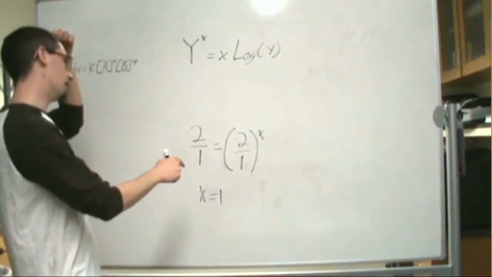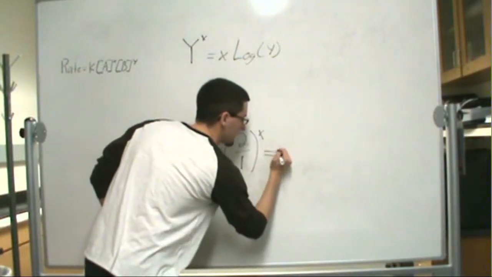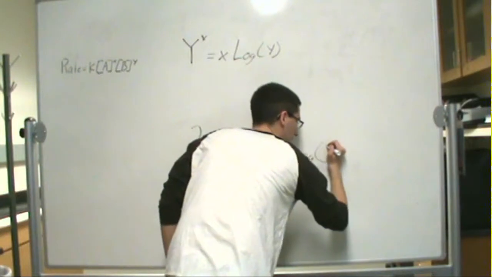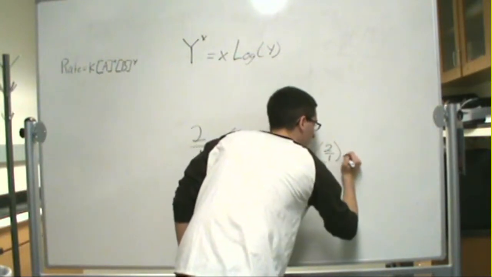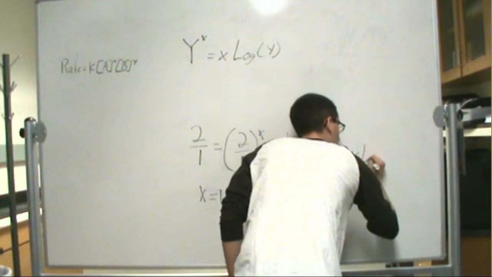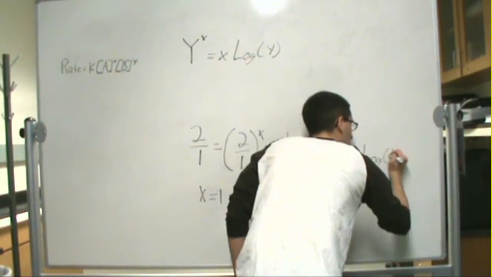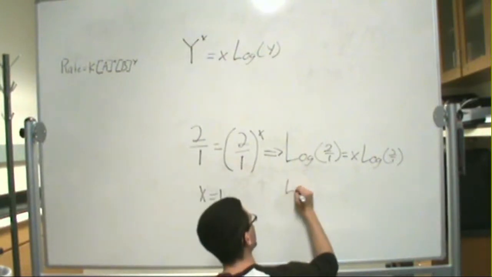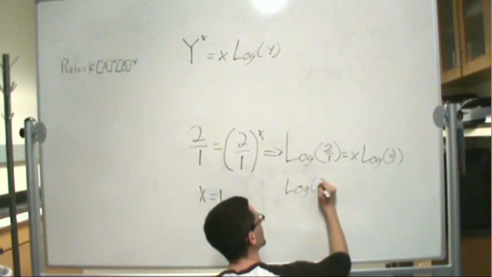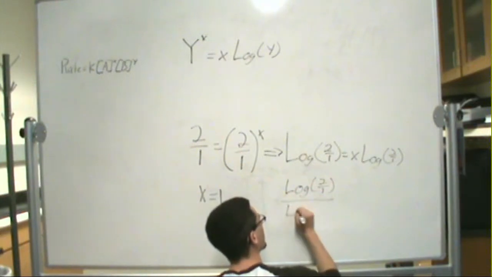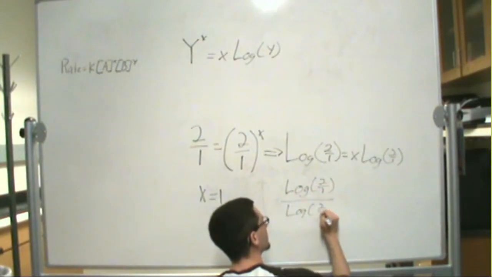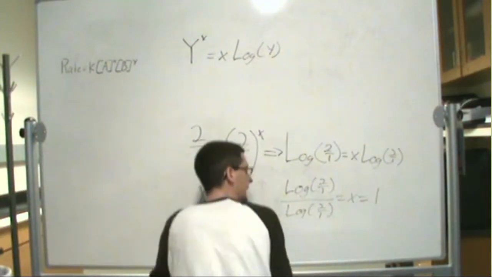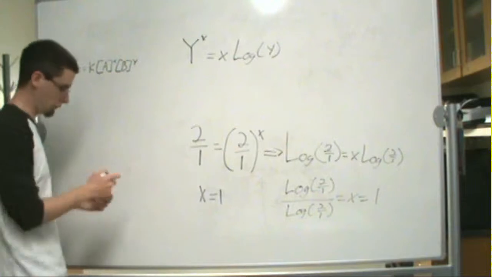So in the case of what we've done here, going through the algebraic manipulation, we've taken the log of 2 over 1, which is equal to the log of 2 over 1 times x. When we manipulate this around, we end up getting log 2 over 1 over log 2 over 1 is equal to x, and that's just equal to 1. So that's the algebraic manipulation I did to get to that point.